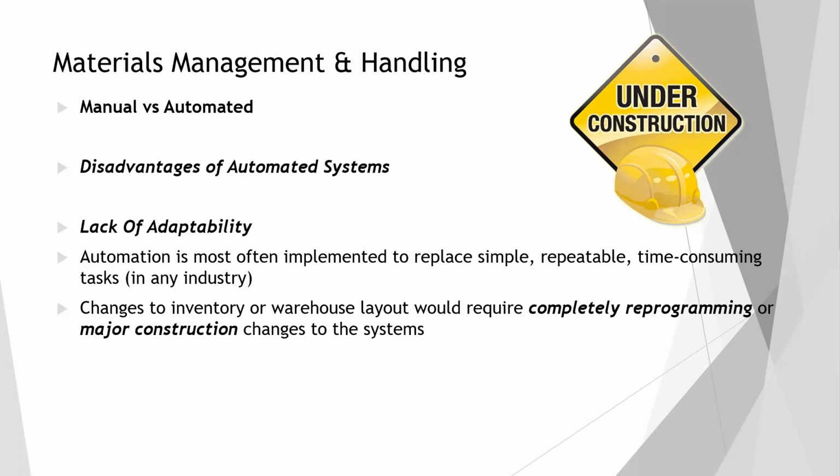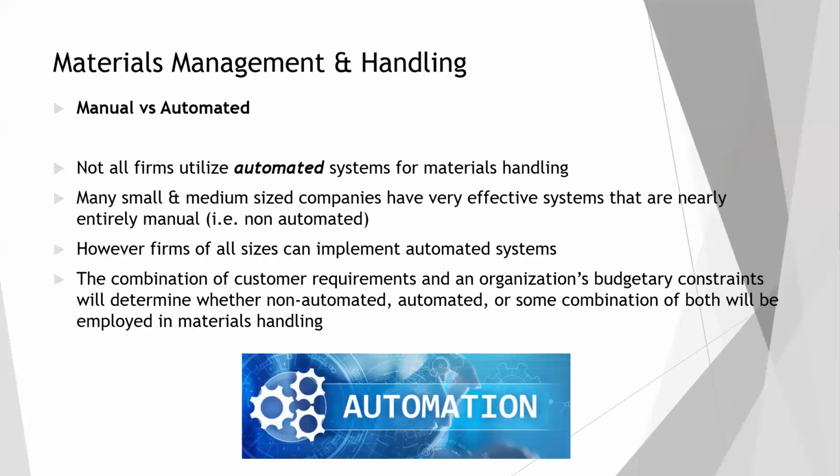Changes to inventory or warehouse layout would require completely reprogramming or major construction changes to the systems. So once we input an automated system, we are pretty much locked in. If we want to change it fundamentally, it's probably going to take massive construction, massive reprogramming. So it's not very adaptable if we want to make big changes to it.